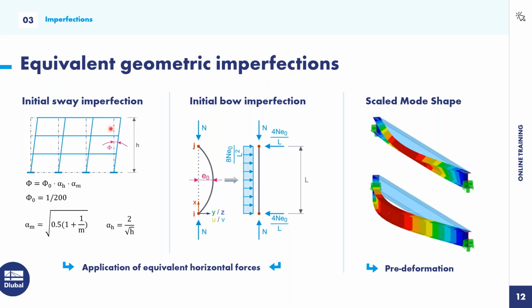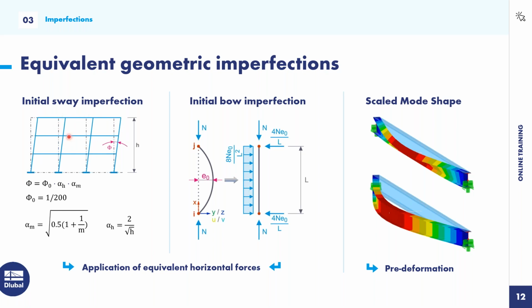And now we have different kinds of imperfections. We have on the one side geometric imperfections, like this initial sway imperfection, and also structural imperfections. And both are taken into account as equivalent geometric imperfections. So we summarize these two different ones into one geometric imperfection. On the left side, we have this initial sway imperfection.